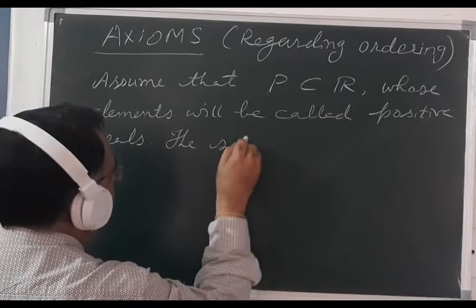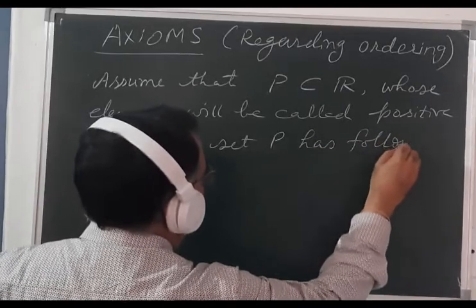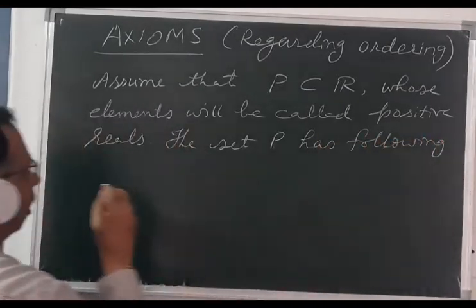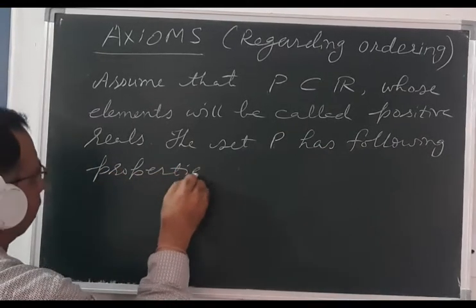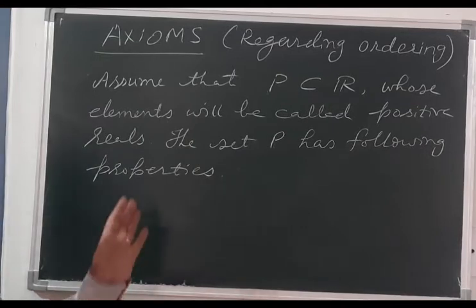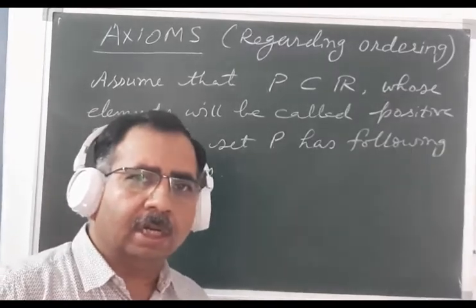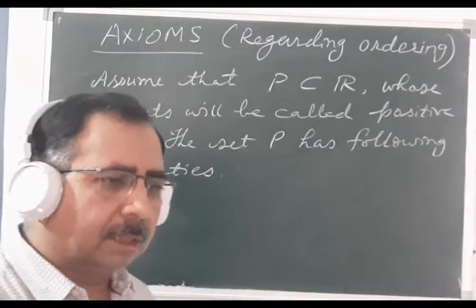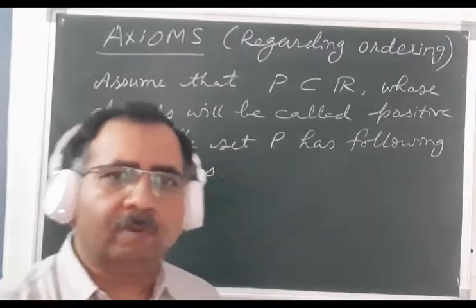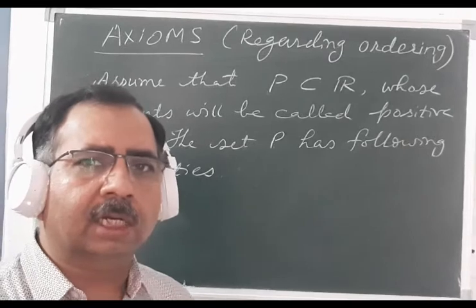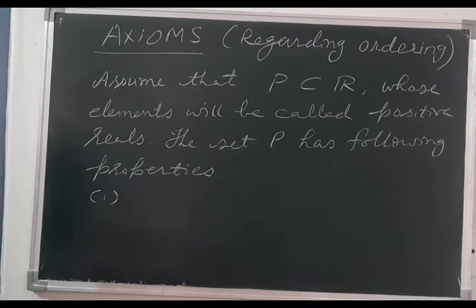The set P has the following properties. Actually, these which I am going to list are the axioms for P. Last time I also told you that the properties which don't require any proof, which are obvious, are called axioms. So for P we have these two axioms.